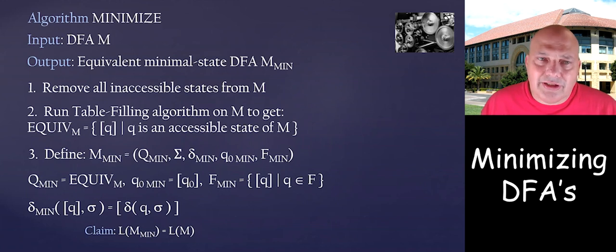But essentially, the first step of removing all inaccessible states gave us an equivalent DFA. And the next step of merging all the states in an equivalence class preserves the language, because states in an equivalence class are indeed equivalent. You can forget where you are within the equivalence class.